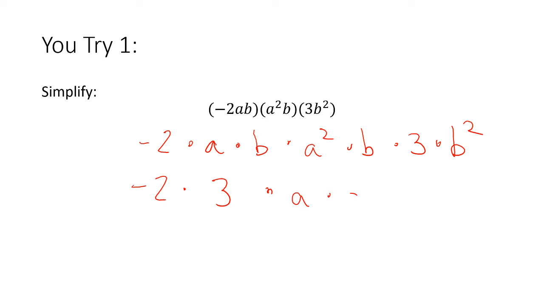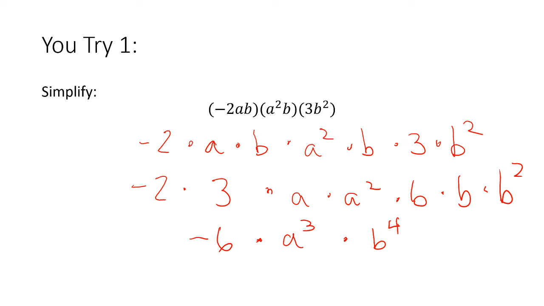A times a squared times b times b times b squared. Now let's multiply. Negative 2 times 3 is negative 6. A times a squared is a to the 3rd. B times b times b squared is b to the 4th. Now I can multiply them all together. Negative 6a to the 3rd, b to the 4th.